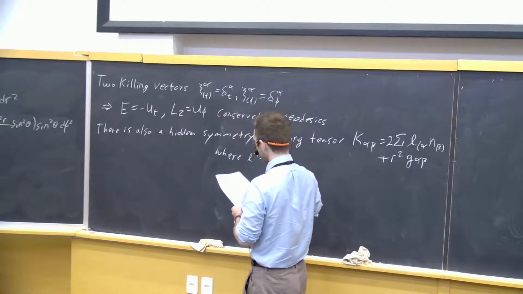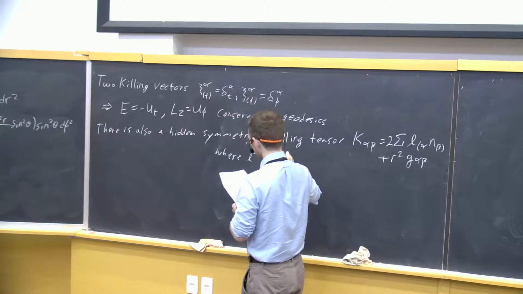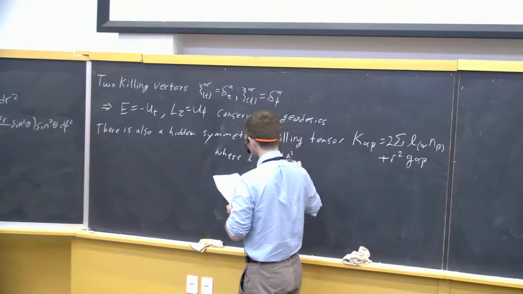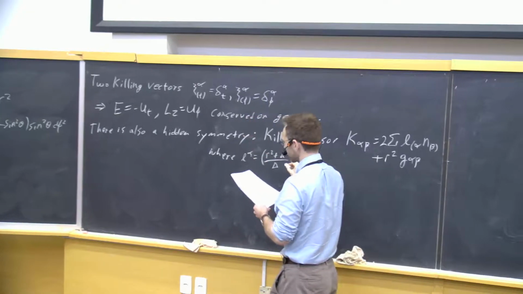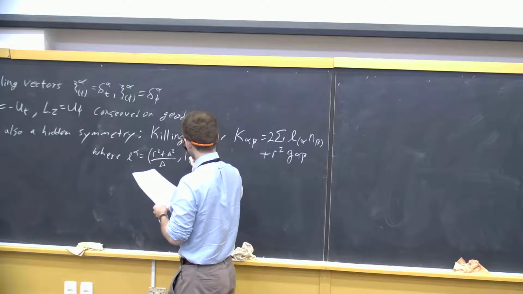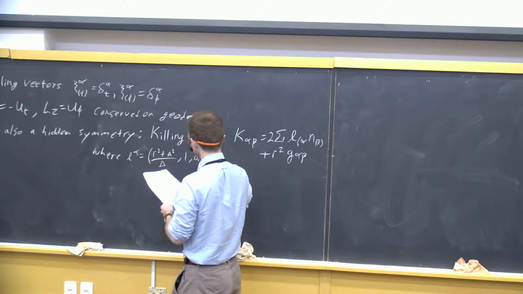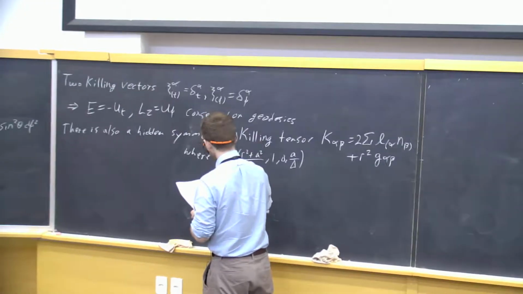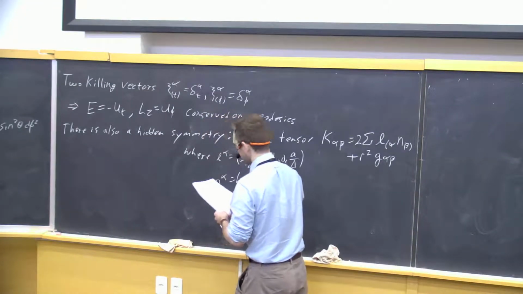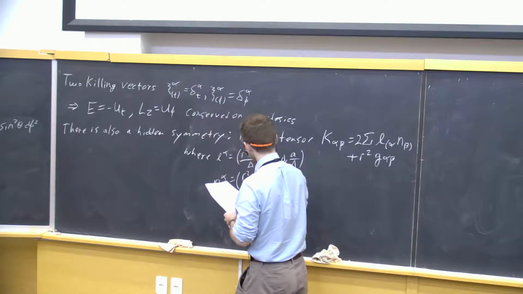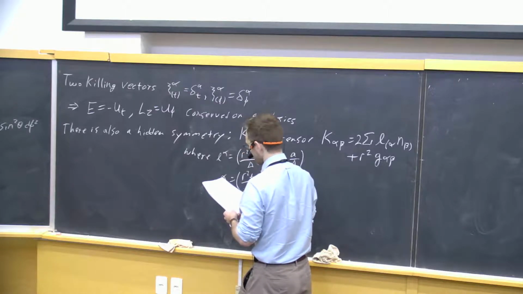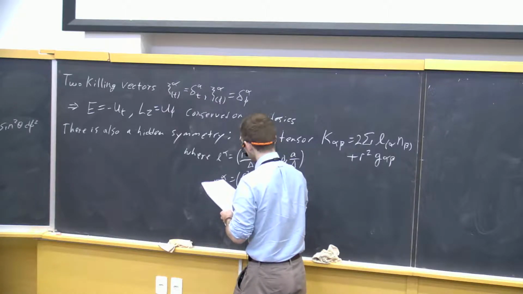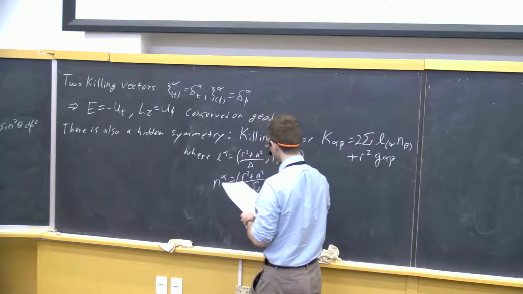L alpha is r squared plus a squared over delta, 1, a over delta, and n alpha is r squared plus a squared over 2 sigma.